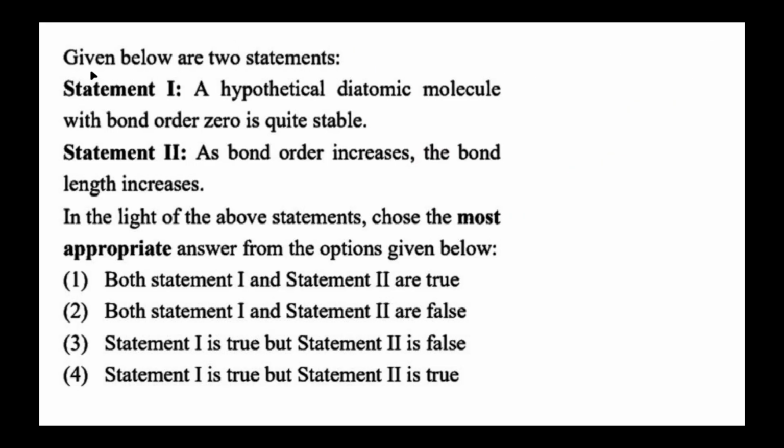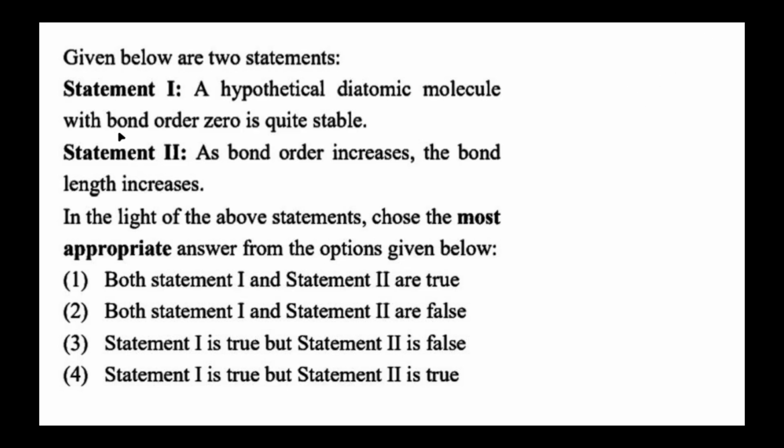The next question is, given below are two statements. Statement 1: a hypothetical diatomic molecule with bond order 0 is quite stable. Statement 2: as bond order increases, the bond length also increases. In the light of the above statements, choose the most appropriate answer from the given options below.